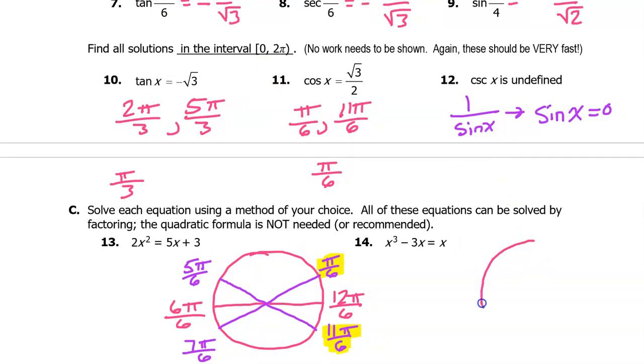So here's a little picture of the unit circle. All of this you should be just picturing in your mind. Sine is a y value on the unit circle. So the question is, where will the y values be 0? And the y values are 0 here and here. So this is 0 and this is pi. So that's why the solutions are 0 and pi.